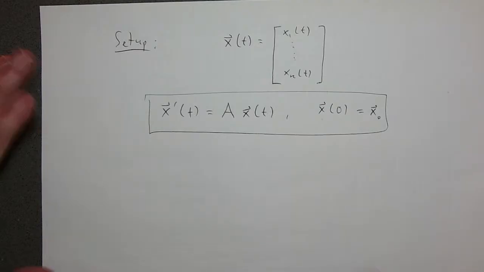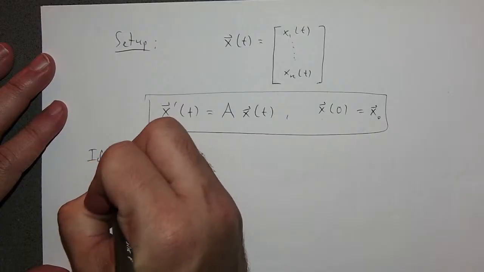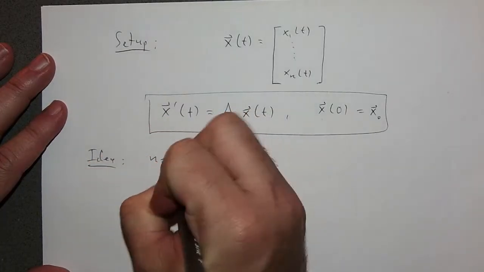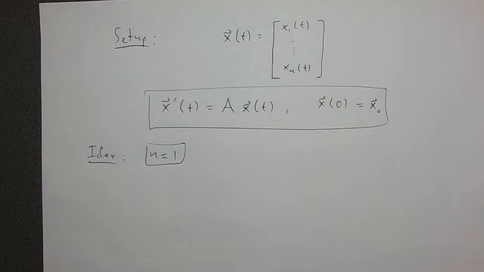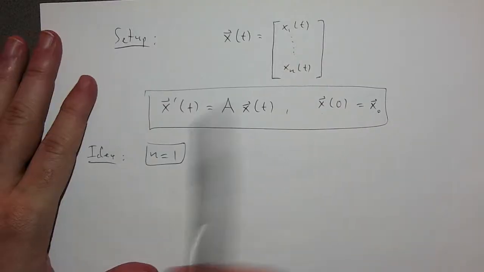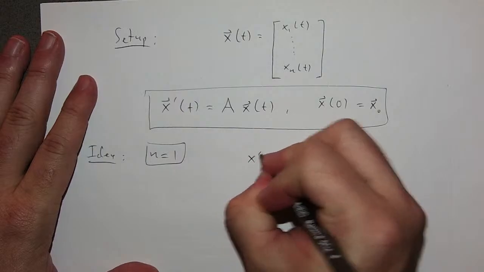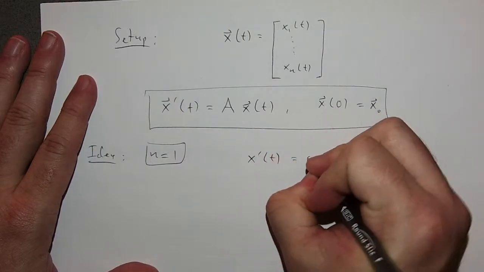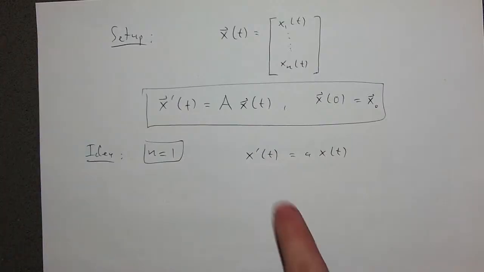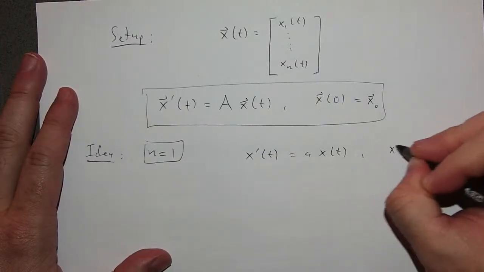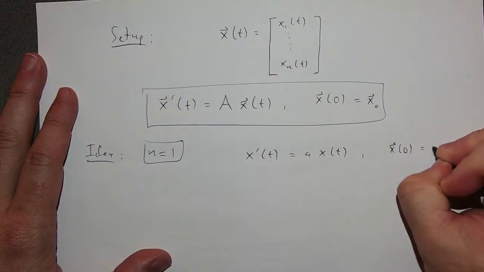What is the idea? When n is equal to 1, this is not a vector valued function. This is a scalar valued function since it's a vector with one component, so it's a scalar. So this is just an ODE of a very simple type, which is x prime equals ax, where I have just a plain old initial condition here.